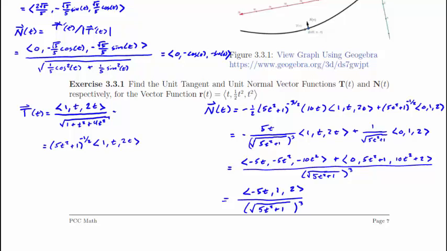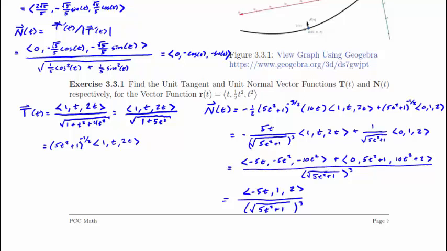So we could leave the unit tangent function in this form. Essentially this just goes into each term and we're just leaving it outside so I don't have to write it 3 times. So this really is what we're looking at here.